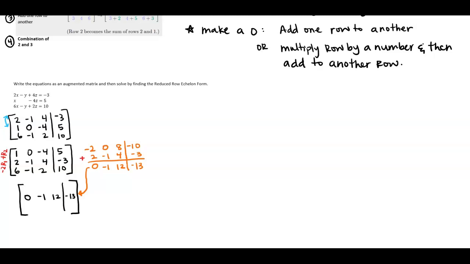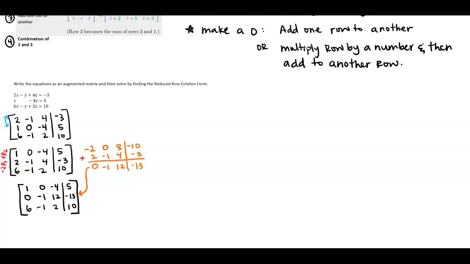And then my row 1 and my row 3 didn't change. The only thing that I was changing was the row that I was adding to. So I get 1, 0, -4, 5, and then 6, -1, 2, and 10.